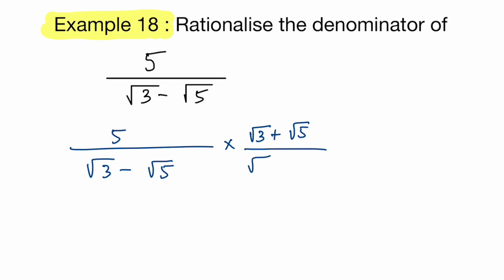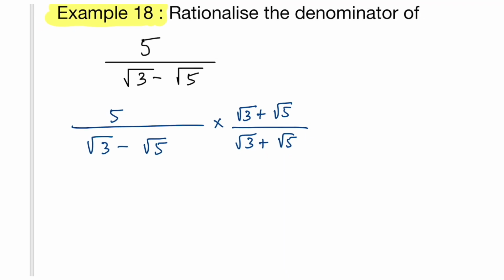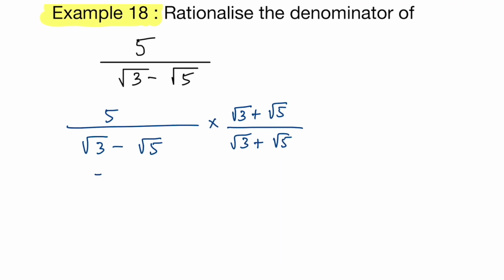Now by doing this, we can make the denominator of the form a plus b into a minus b, and that can be further used to convert it into a squared minus b squared, right? So let us first worry about the denominator now. Let the numerator be that way. So 5 into root 3 plus root 5, and in the denominator we have just converted into a plus b into a minus b, right?